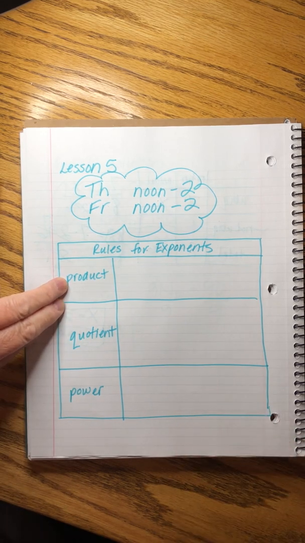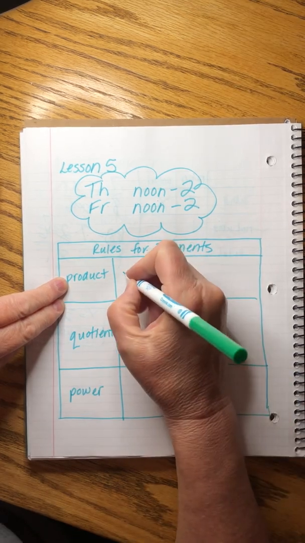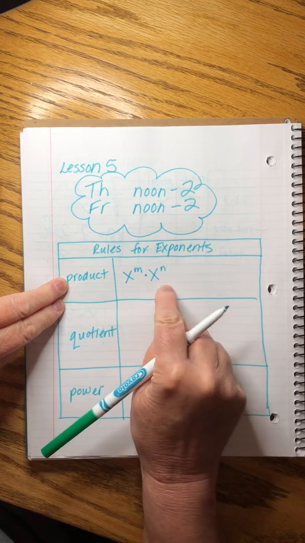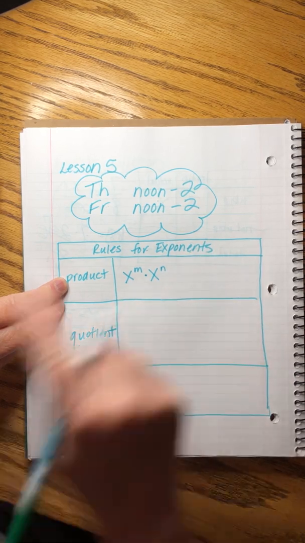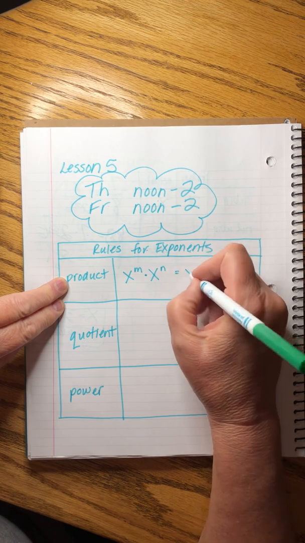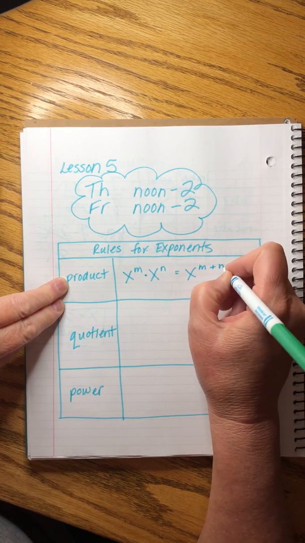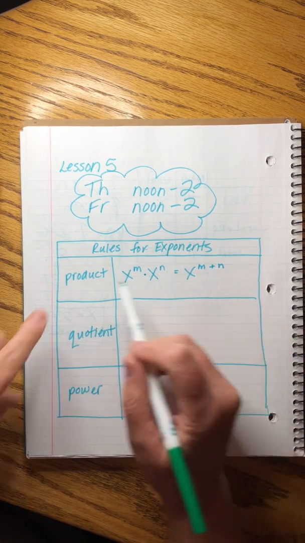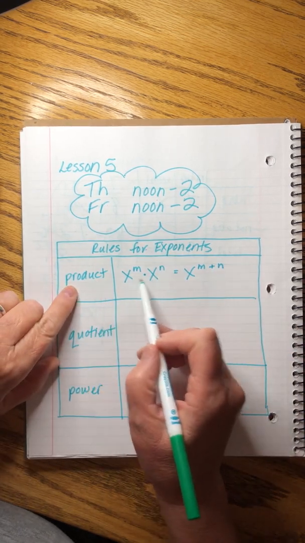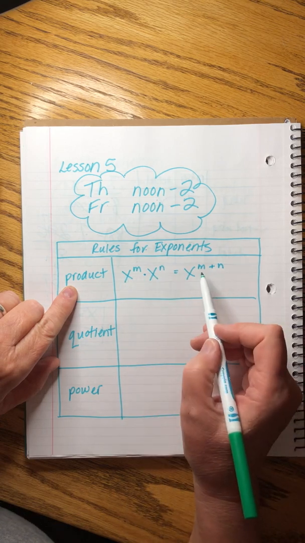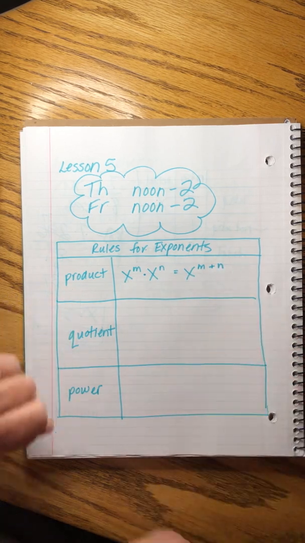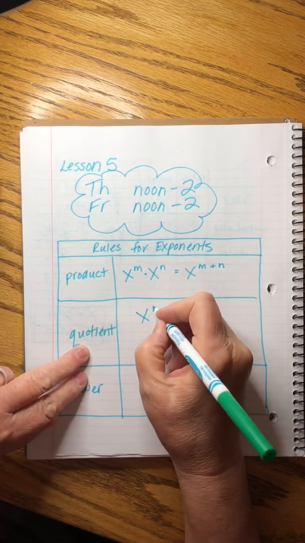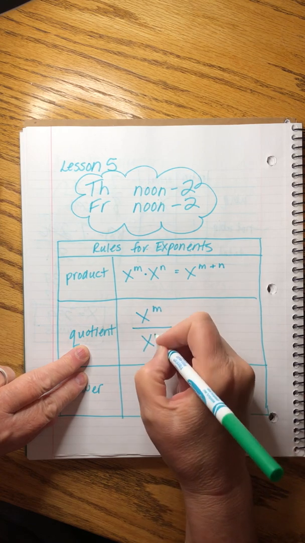All right, the product rule deals with situations where we are multiplying matching bases, right? X and X, they have to match, and each of them have an exponent. In that case, we can simplify by simply adding together the exponents. The product rule refers to the fact that we are multiplying here, but the way we combine the exponents is to add, okay? That's rule number 1. The quotient rule deals with situations where we are dividing, right?